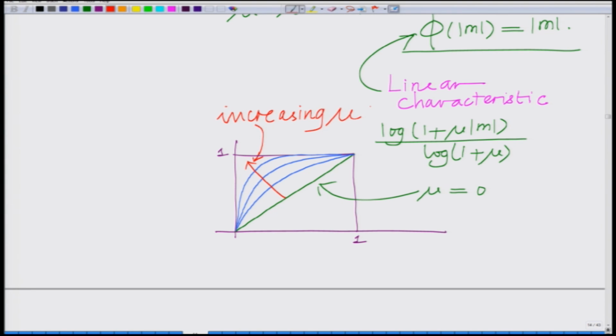As mu increases, it becomes more and more concave. This is basically the direction of increasing mu.